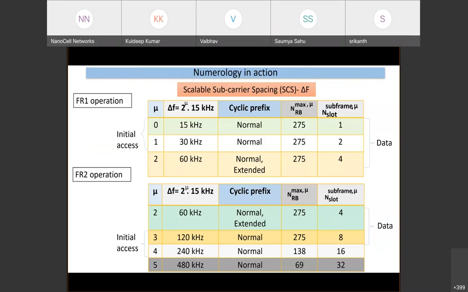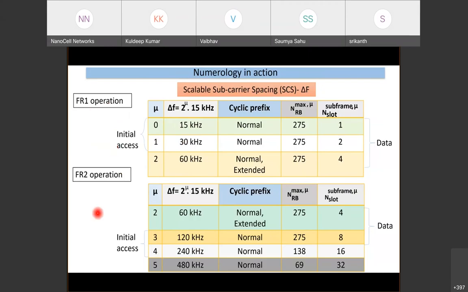So if we look at what all those ideas translate into, today's FR1 allows these subcarrier spacings, of which these two are mandatory, and FR2 allows these subcarrier spacings, of which these are mandatory. Now, if you're wondering, does 5G imply that a phone or a base station has to support both?